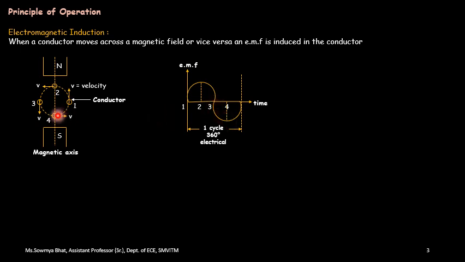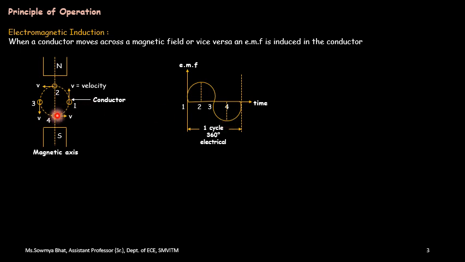So till 4 it will be showing you the increase. At the 4 level it is exactly perpendicular, so once again the maximal value will be shown for d phi by dt as well as the EMF induced at position 4, but it is reverse when compared with position 2. That's why you have the maximal value in the negative direction at the fourth position.